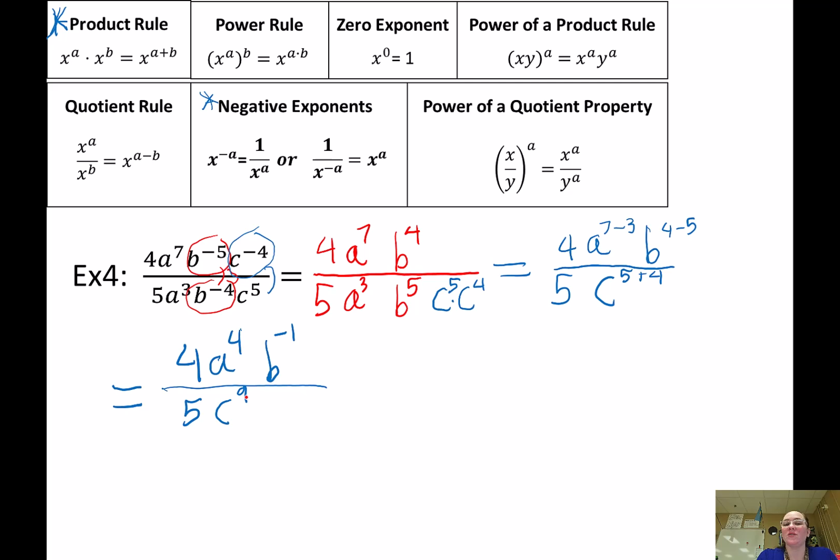Now, I do have another negative that I had to take care of. Since this b to the negative power ended up being a negative 1, it's going to move down. So I still end up with 4a to the 4th in the top, over 5bc to the 9th. And I like to write them alphabetically. So that's why the b is before the c.